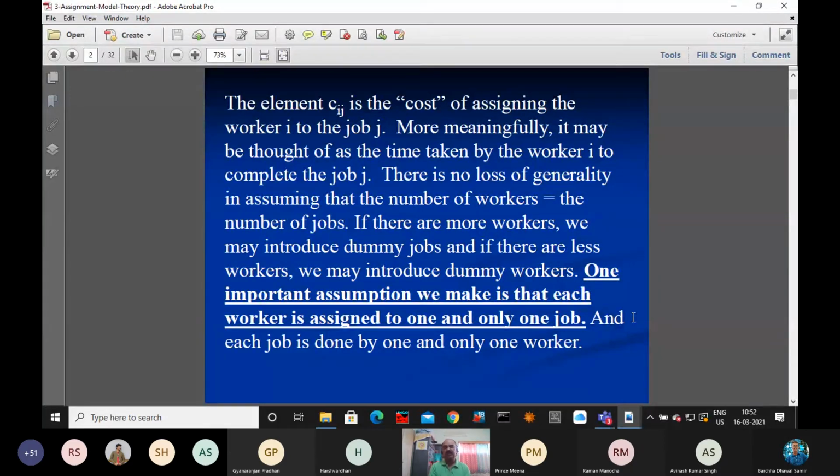So n jobs, n machines. If you are assigning arbitrarily, there will be n factorial assignments. Out of these n factorial assignments, some will be optimal, some will not be optimal, but these many feasible solutions are there.